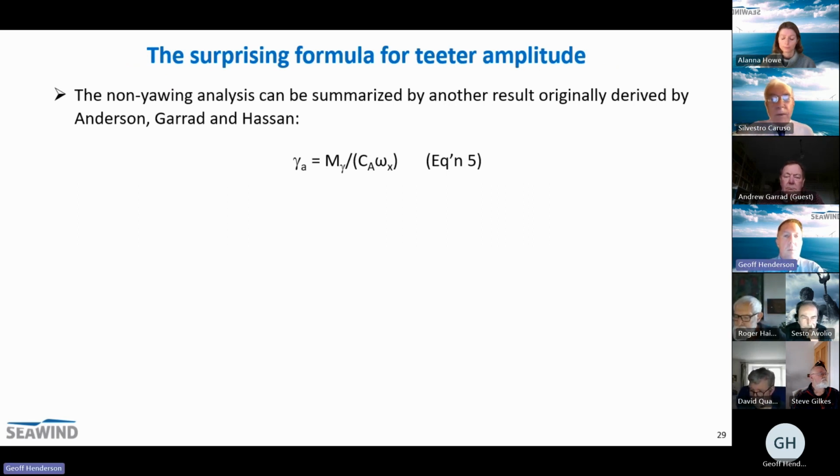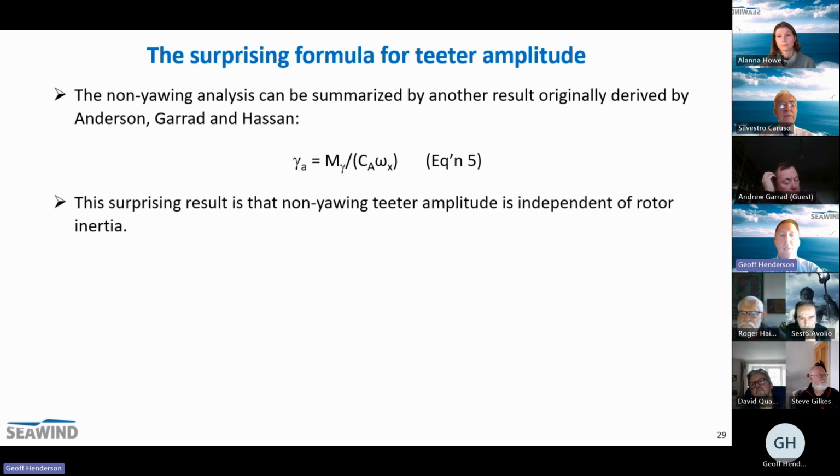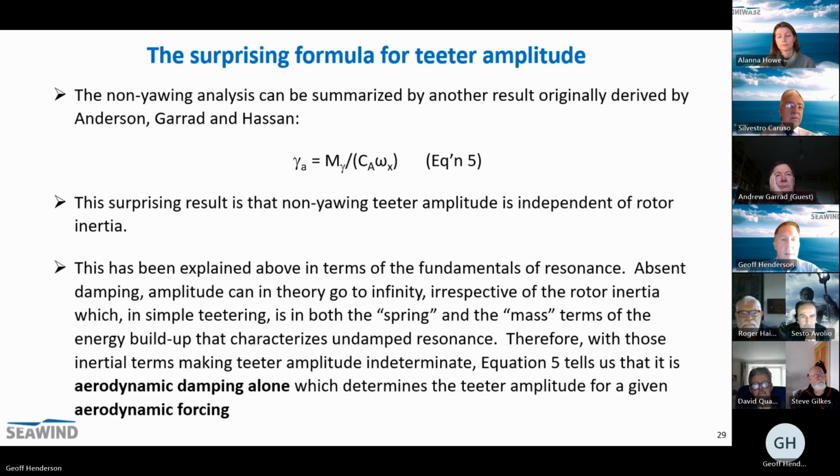So here's another result from that 1984 paper by Andrew and his co-authors, that the teeter amplitude is purely a function of the teeter forcing, the aerodynamic damping, and the rotational speed. So it's independent of rotor mass if it's a sinusoidal aerodynamic forcing, which applies for non-yawing cases.